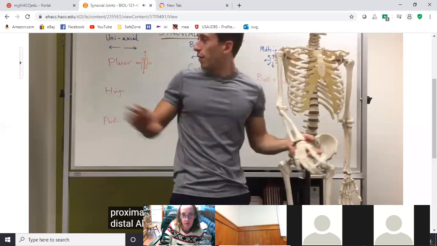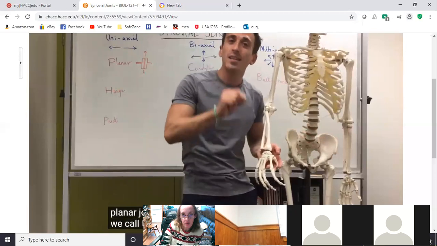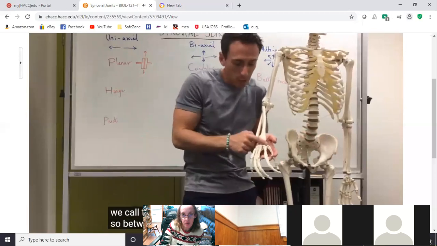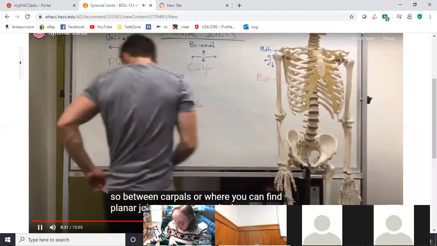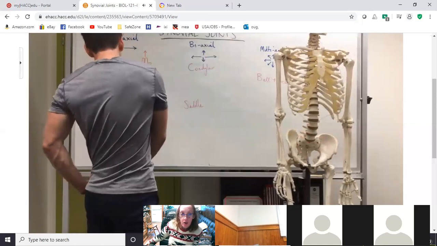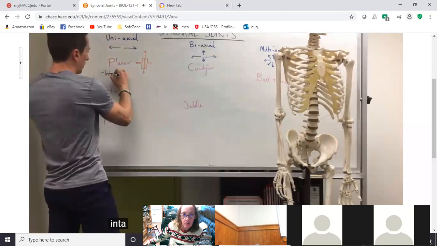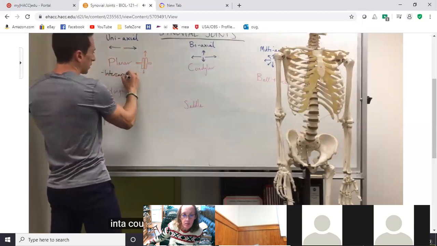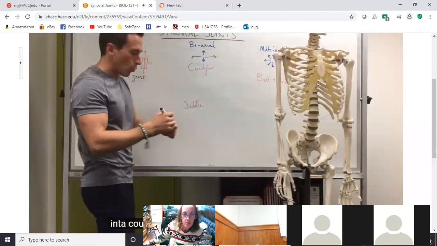The place that you can find the planar joint is at the carpals, in what we call the intercarpal joint. So between carpals are where you can find planar joints. So we can write intercarpal joint.